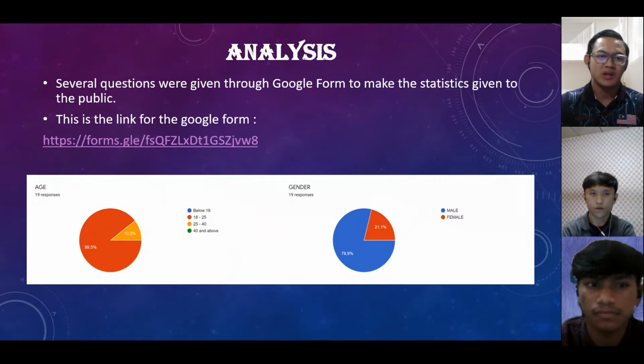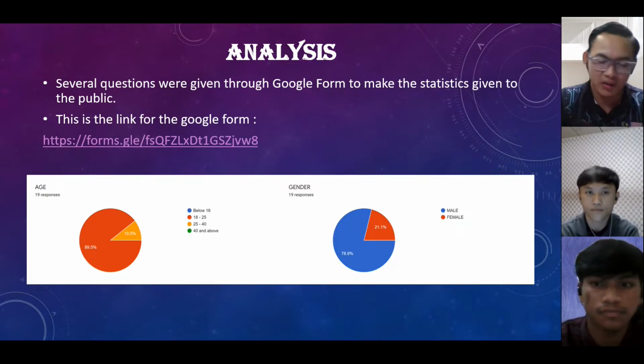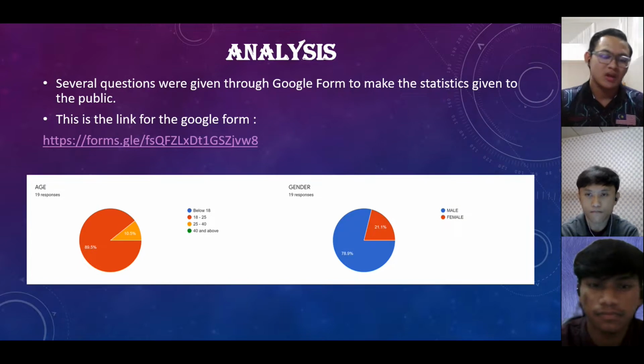We will begin with the analysis. Several questions were given through Google Form to gather statistics from the public. As you can see, this is the link for the Google Form, and we will continue.